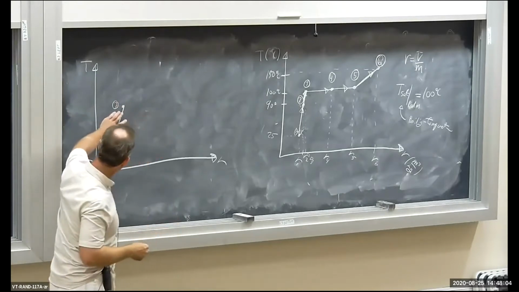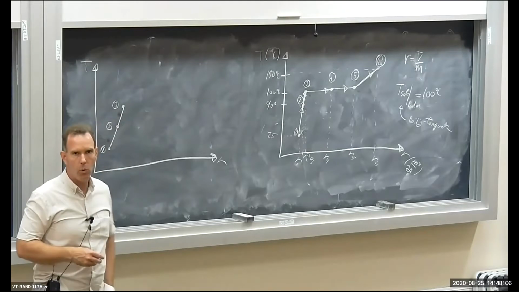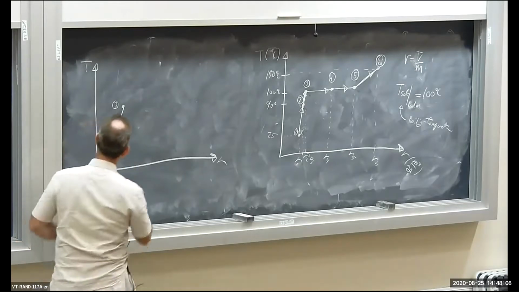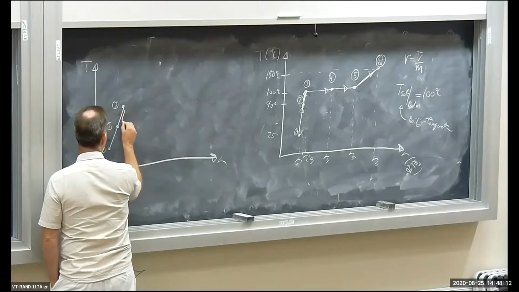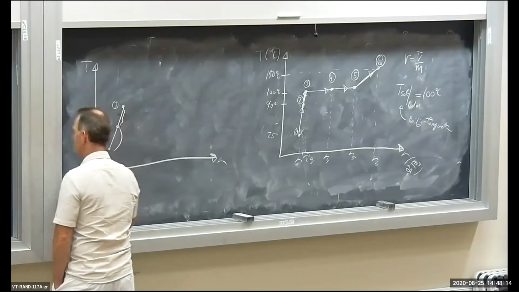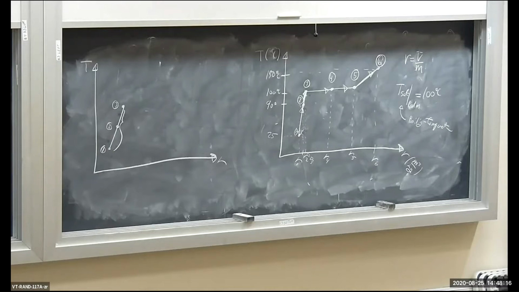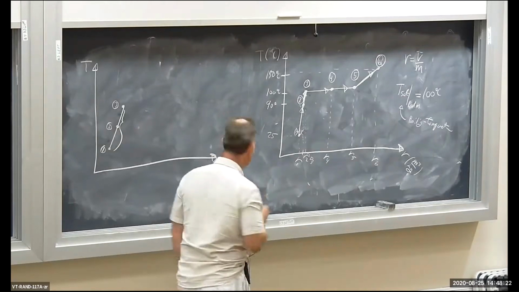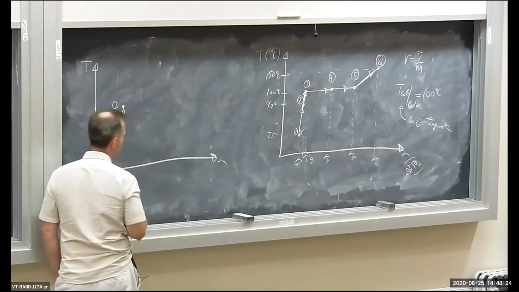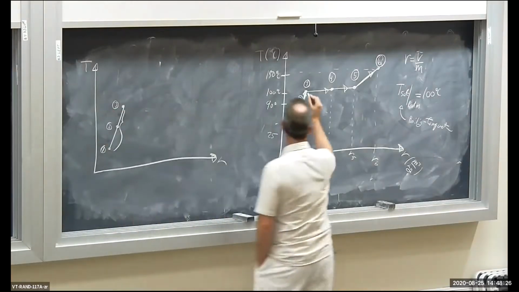And in this region right here, right up to state 3, we were a liquid. Okay, we were a liquid, but we were a liquid below the boiling temperature. Remember, right at state 3, we were at 100 degrees.